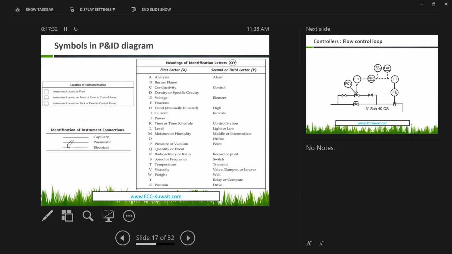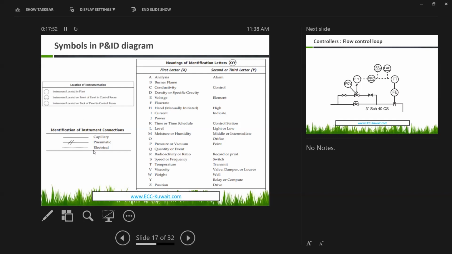For the connection lines, the capillary is a continuous line, the pneumatic has two dashes, and then the electrical. What is the difference? The capillary is used for measuring the control variable. This line shows that we have a measurement of some parameter.